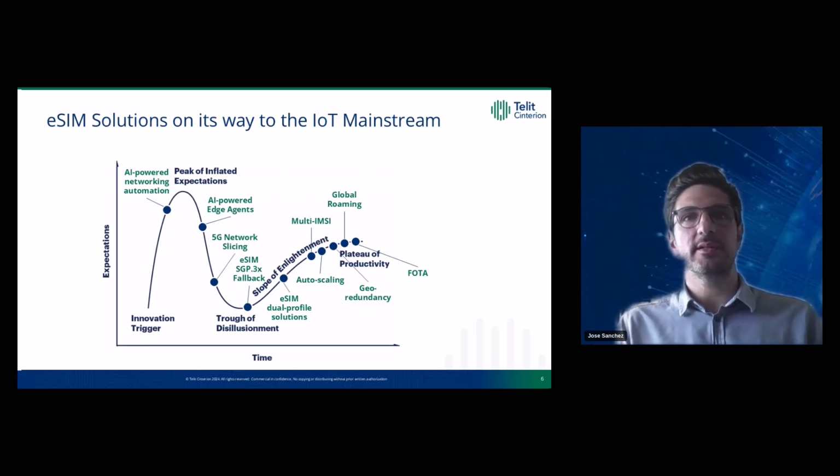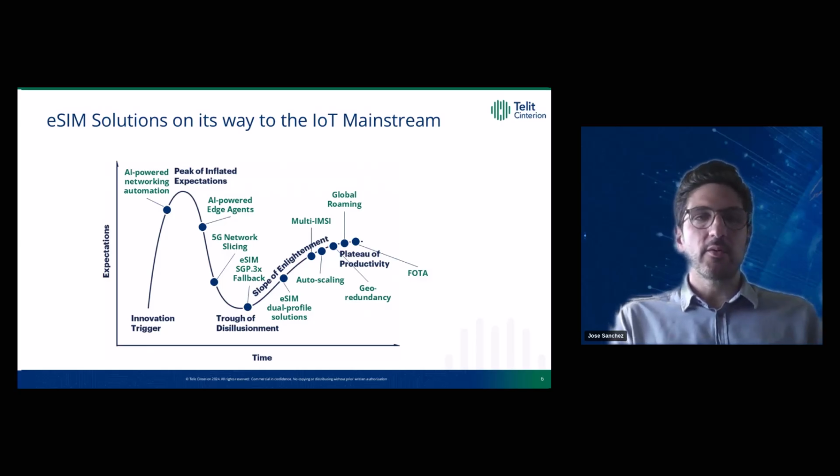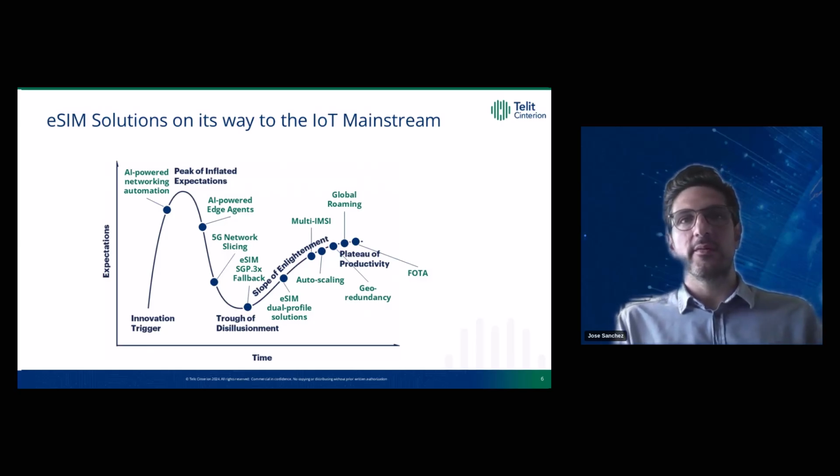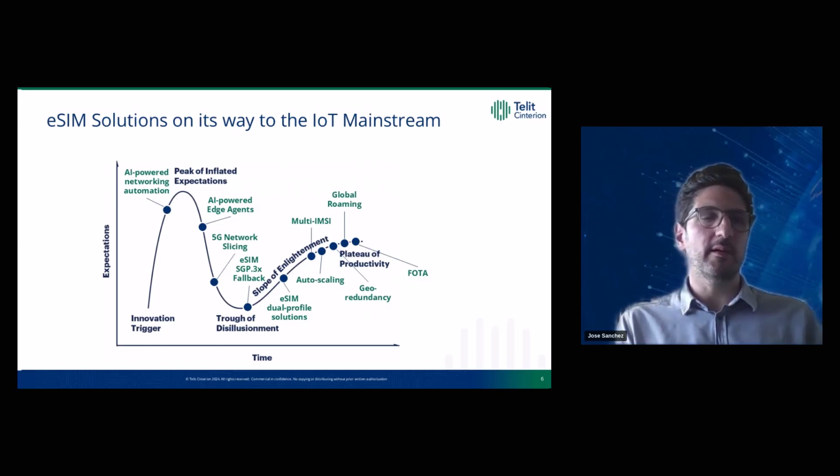eSIM technology is making its way to the mainstream, and it's finding more and more uses in IoT. eSIM has traditionally been used as a technology for about 10 to 12 years, since the M2M standard was created, and was used mostly in automotive and other IoT applications.